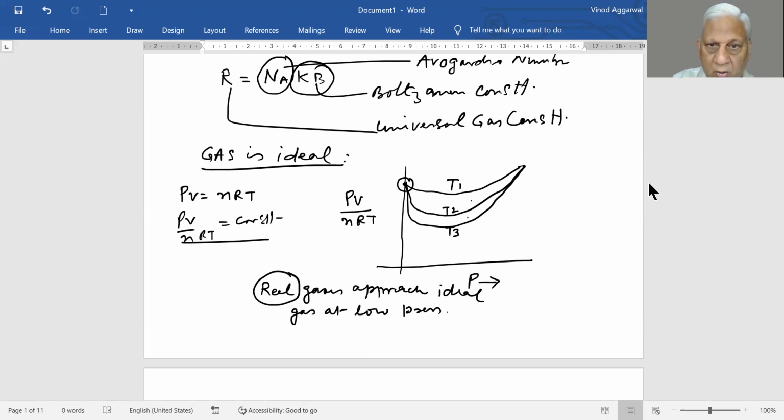We've seen all these curves, this curve, and this curve, this curve, this curve, this curve. They are all meeting at this point, which is perfect point, PV by nRT. But they deviate as we increase pressure.